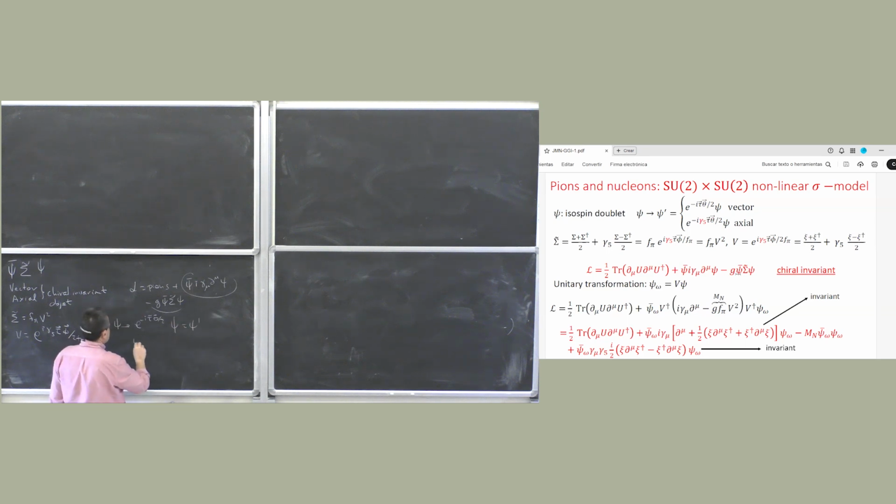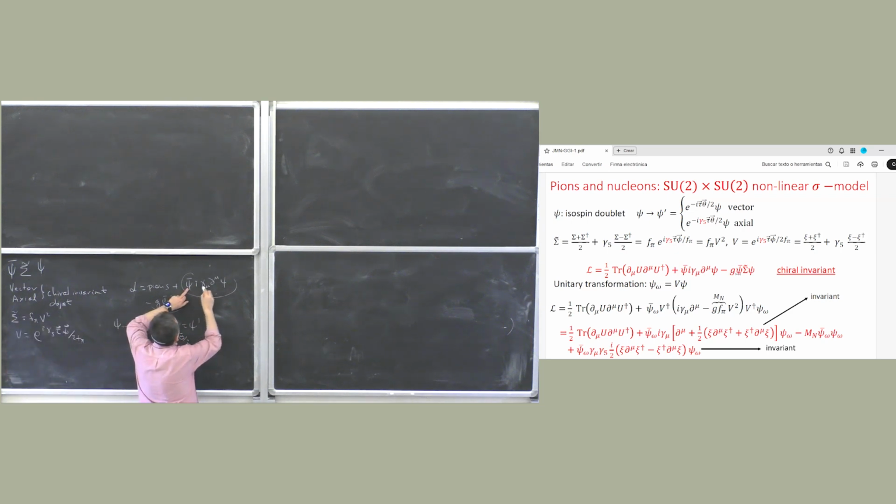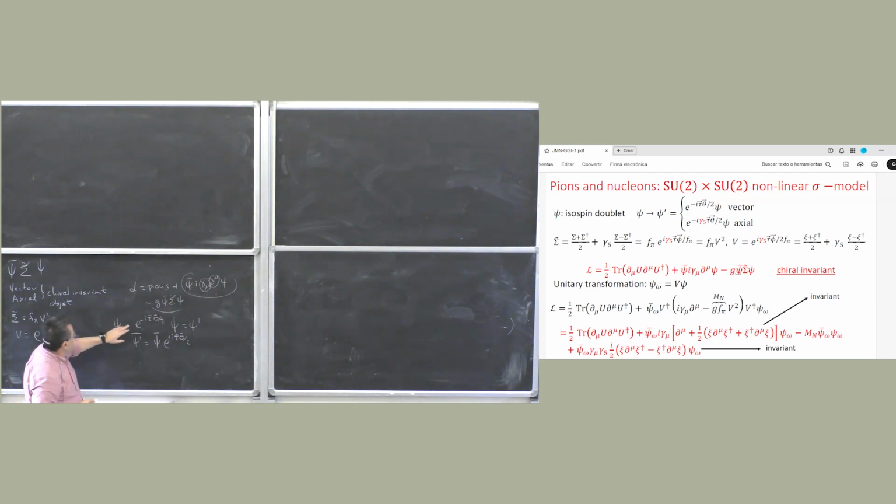And then psi prime bar is going to be psi bar e to the plus I tau theta over 2. The vector transformation ignores the Dirac space. We are talking about global transformations, and then psi bar psi is an invariant because you have trivially that psi bar prime psi prime is the same thing as psi bar psi.